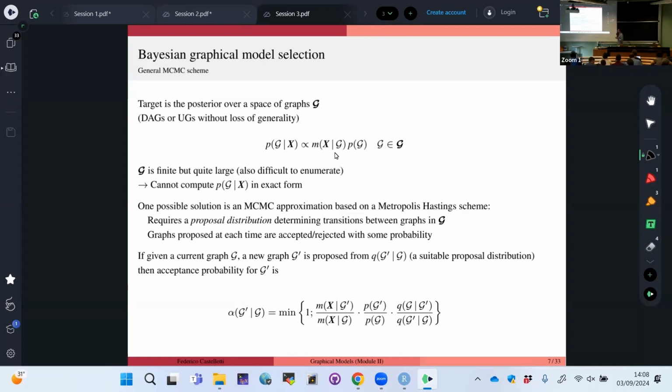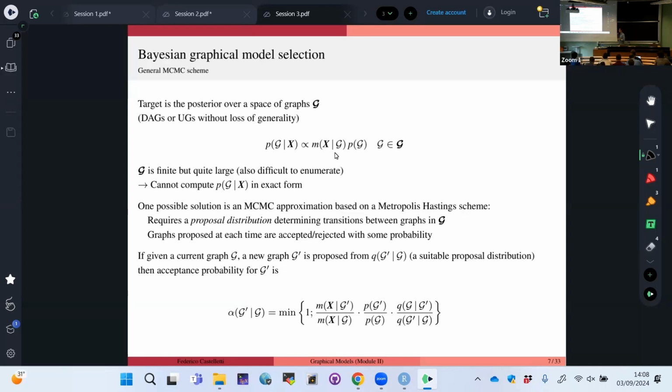And one possible solution is to use a Metropolis-Hastings scheme, so an MCMC approach based on acceptance rejection. I guess you are all familiar with Metropolis-Hastings for Bayesian inference. So if we want to design a Metropolis-Hastings scheme, the first thing that we need to structure is a proposal distribution over the space of graphs.